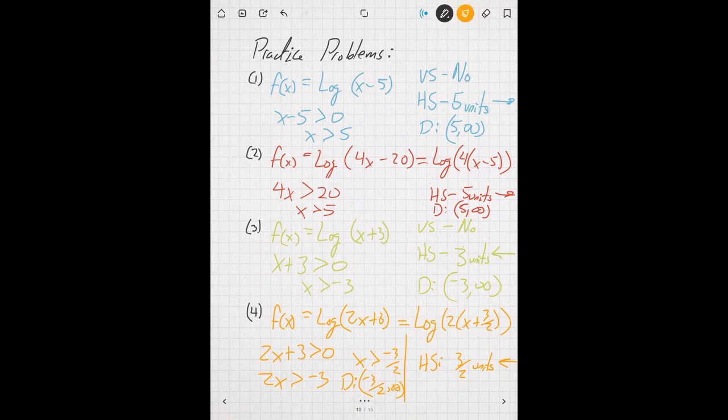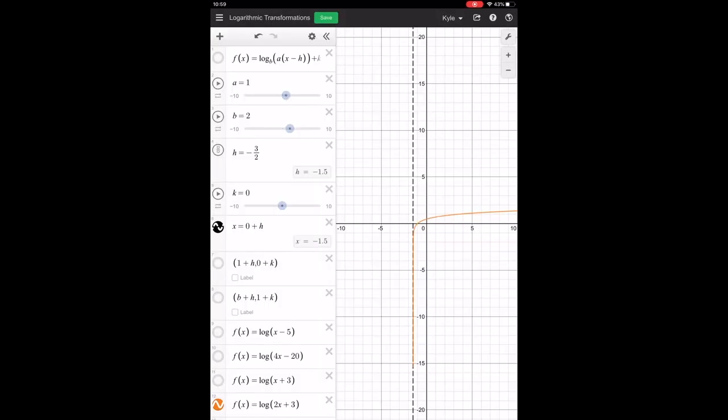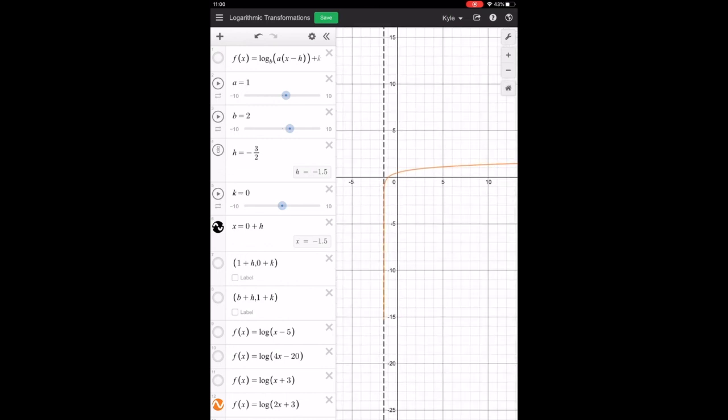And hopefully you're getting the hang of this and realizing that it's whatever we need to do to keep the argument from being 0. So again, this is just another type of function that we're adding to the functions that we've already worked with. Let's go ahead and check its graph in Desmos. You can see here that I've plotted the orange function, log of 2x plus 3. And it has, in fact, been shifted over to the left.